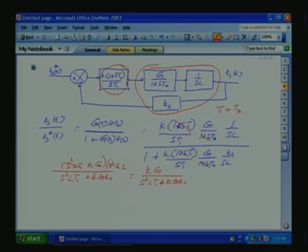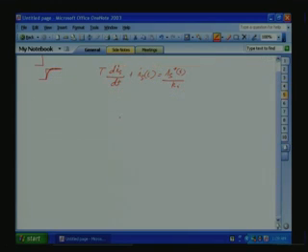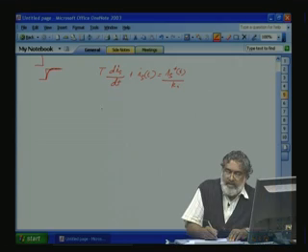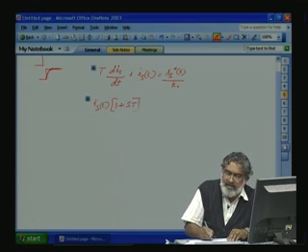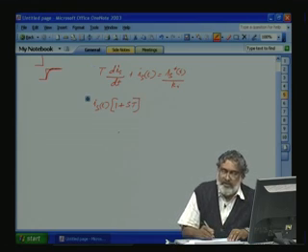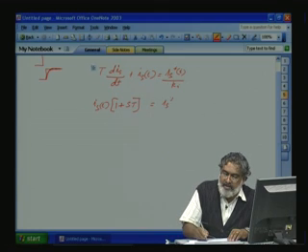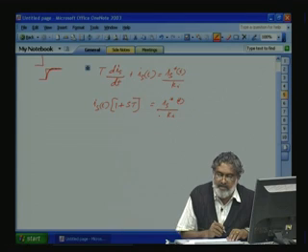That means output by input, the transfer function will be ist into 1 plus sT is equal to is star t divided by ki.